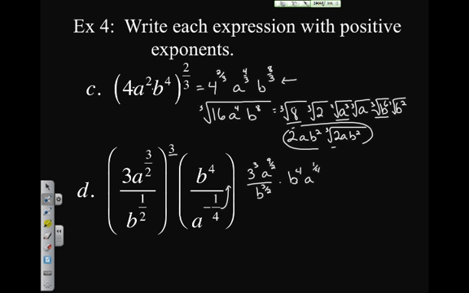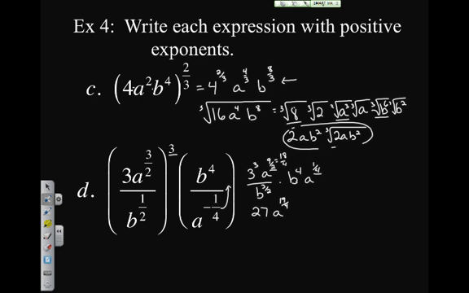So to simplify this, 3 cubed is 27. We have, adding the exponents, 9 halves plus 1/4. We have to get a common denominator. 9 halves is 18 over 4. So that gives us a to the 19/4 power when we add that.